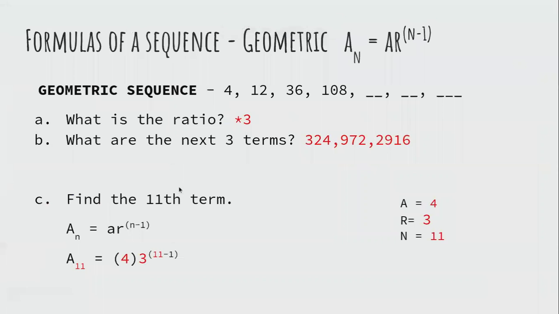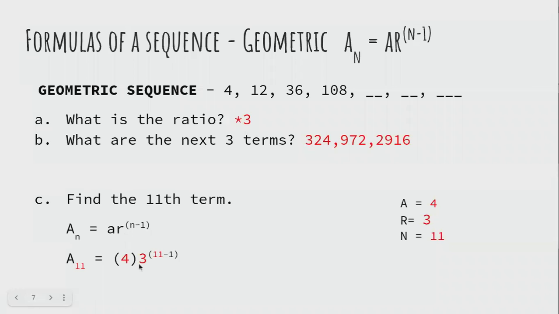So now, here is our formula. The term is equal to the first term of the sequence times the ratio raised to the power of the term minus 1.